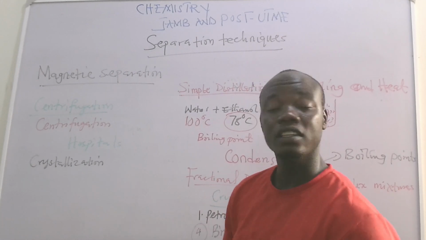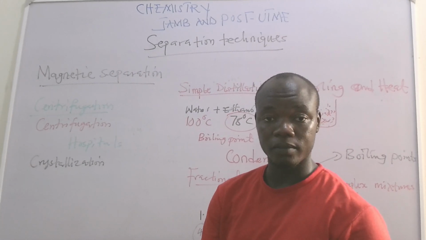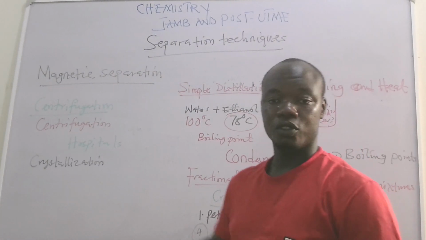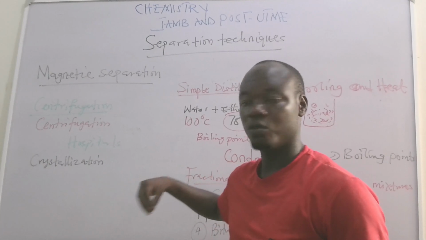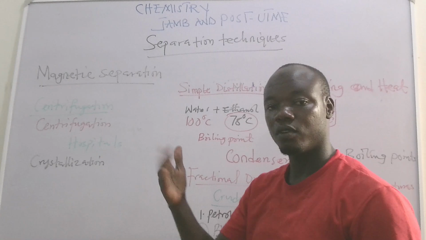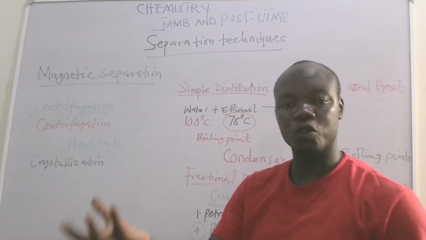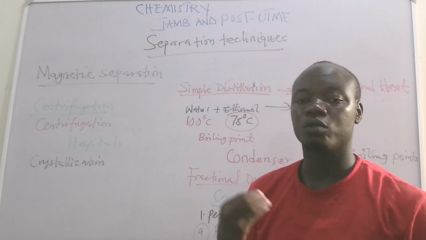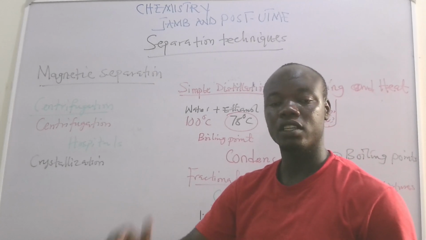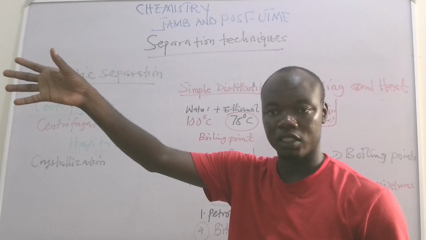It's like evaporation. In crystallization, we separate a soluble solid from a liquid, and the solids are usually crystals. Once you heat, the crystals will be left and the liquid will be evaporated.